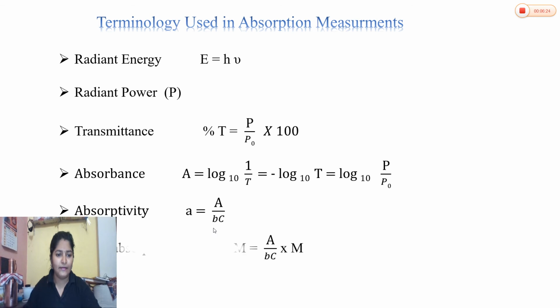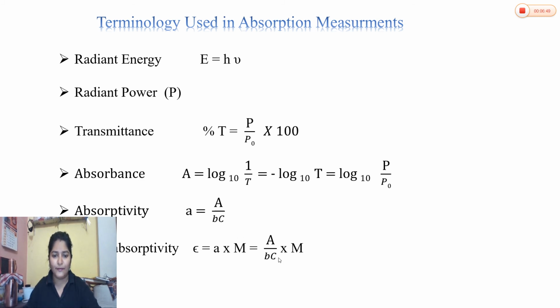Then the next term is the molar absorptivity. Molar absorptivity is denoted by this constant term, and it is equal to the absorptivity multiplied by the molecular weight of the sample. So small a is capital A divided by bc.